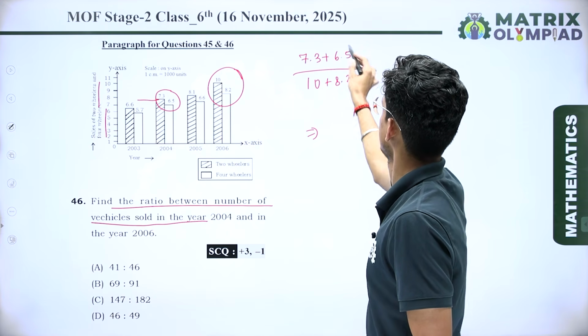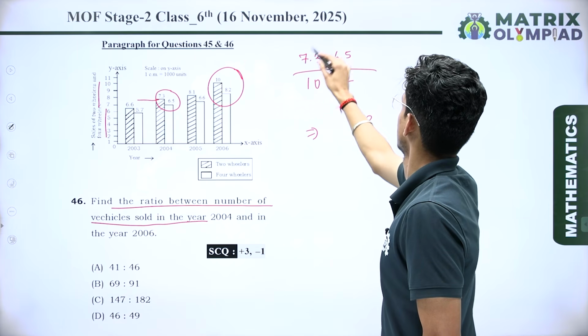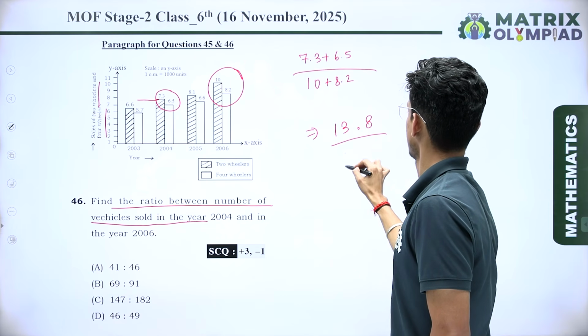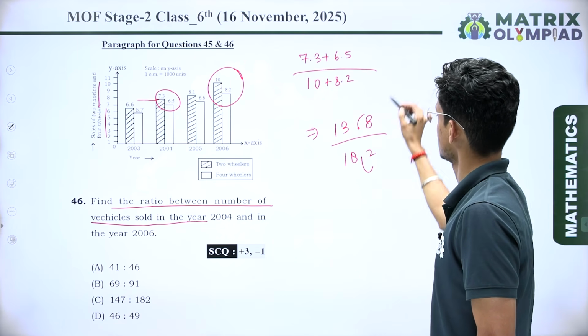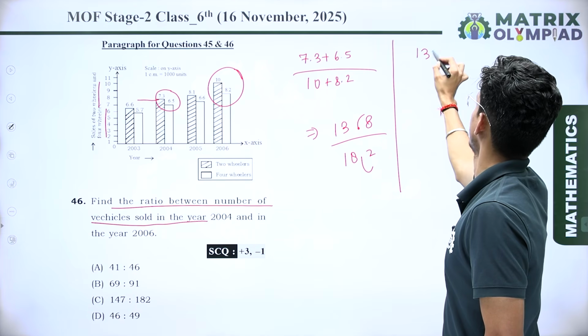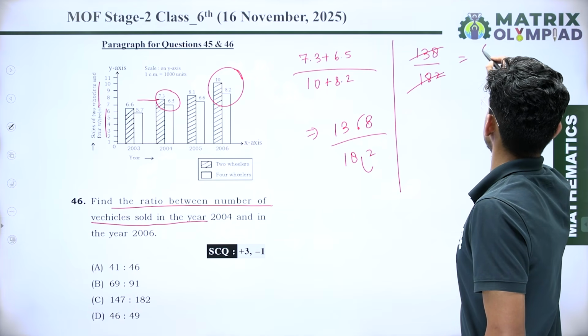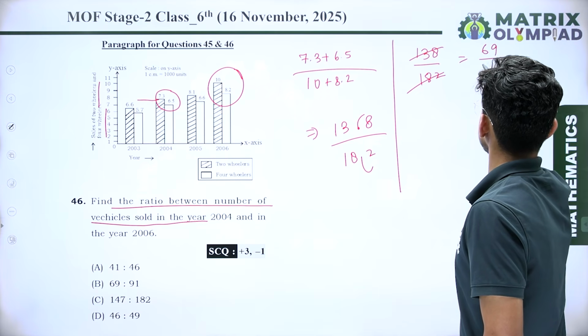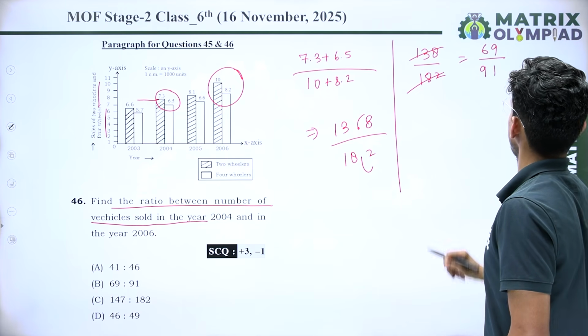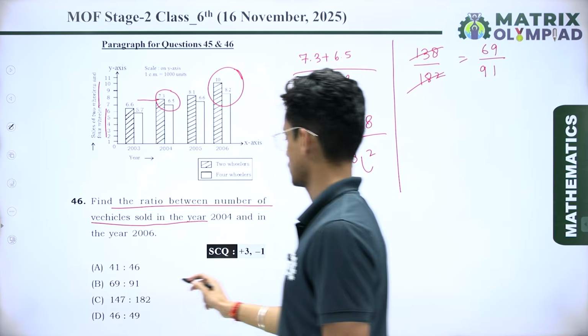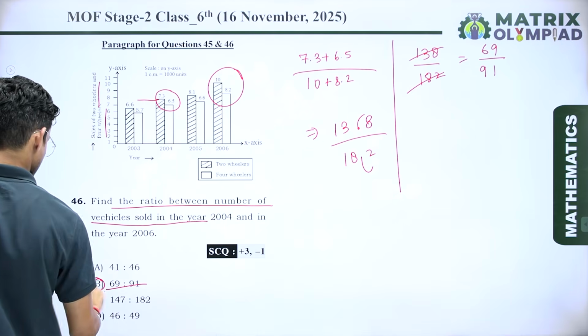When we simplify, we get 13.8 and 18.2. The decimal points cancel out, so I can write 138 upon 182. When we simplify it, we get 69 upon 91. So 69/91 means option B is the correct answer.